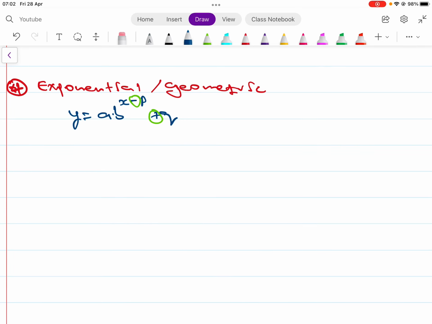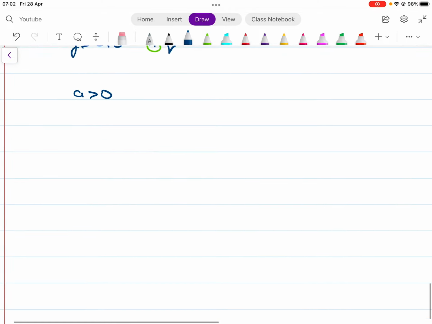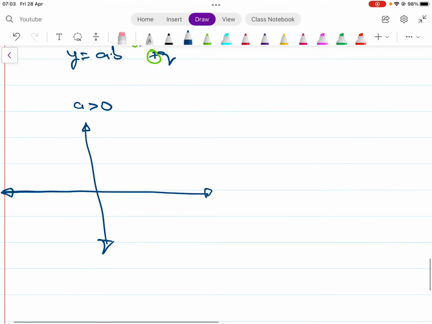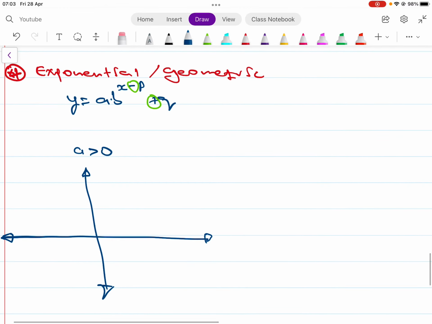But when it comes to exponential, when a is greater than 0, exponentials only have one asymptote, which is the horizontal asymptote. The horizontal asymptote is shifted from the x-axis upwards like this if the q is positive, so that value there becomes the value of q.